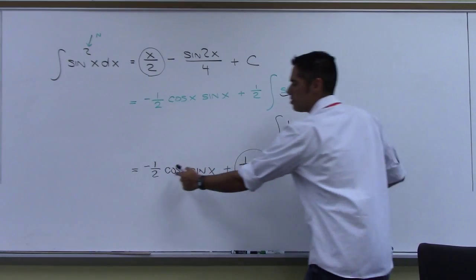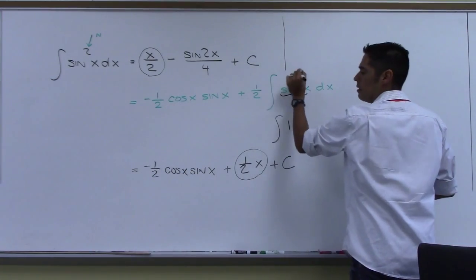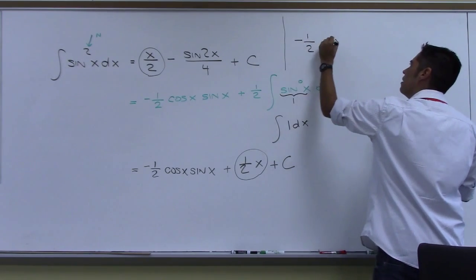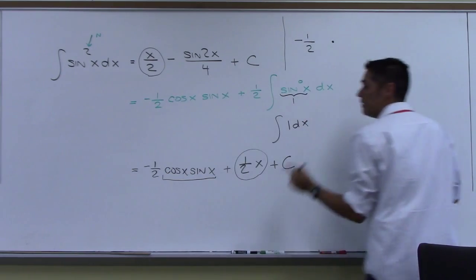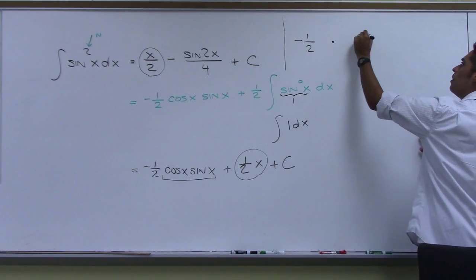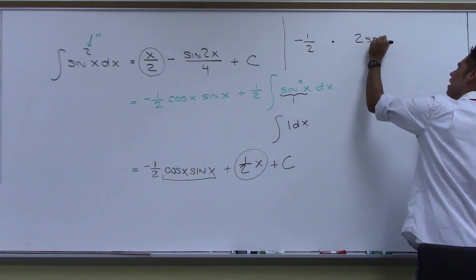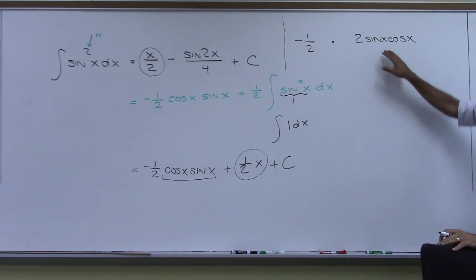Okay, they would be if there was a 2 in front of this. So let me write that down right up here. Negative 1/2 is sitting out there. You said that this right here, if it had a 2 in front of it, would be sine 2x, wouldn't it? So I'm going to put a 2 in front of it. Can I rearrange it? Sine x cosine x, is that all right? But I can't just put a 2 in front of it.